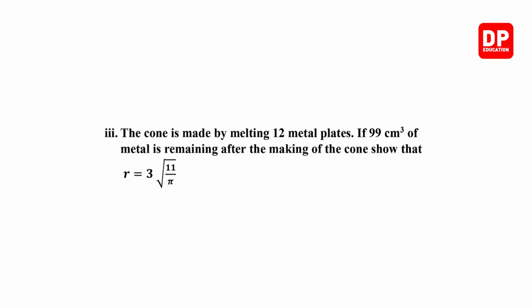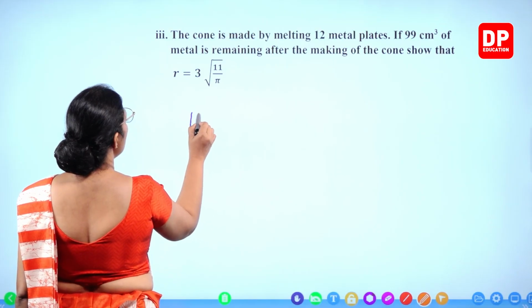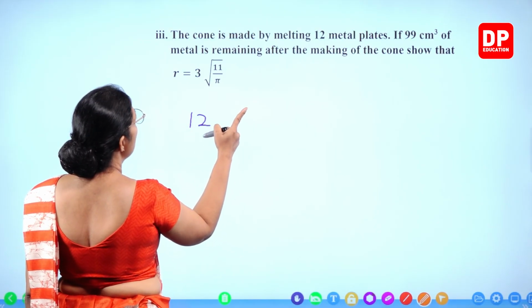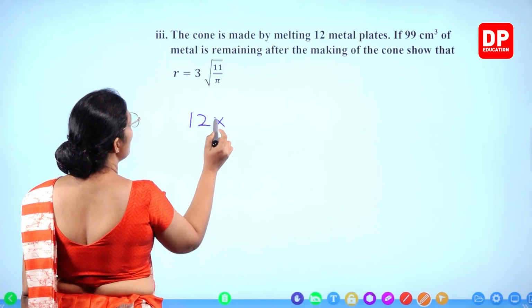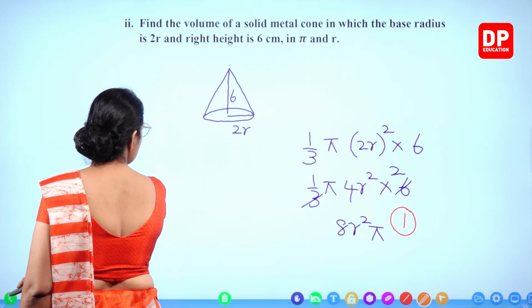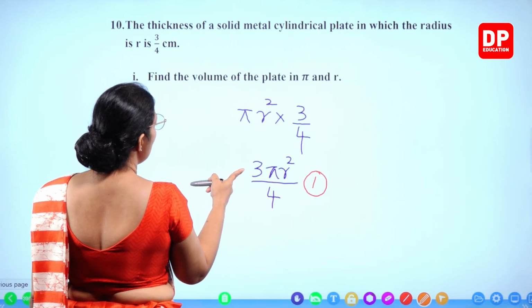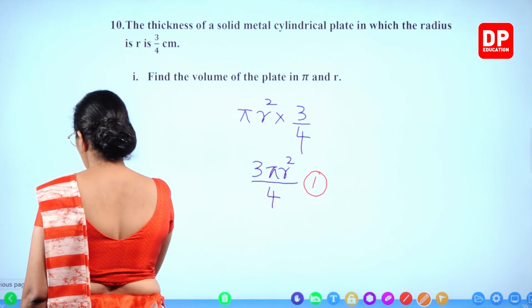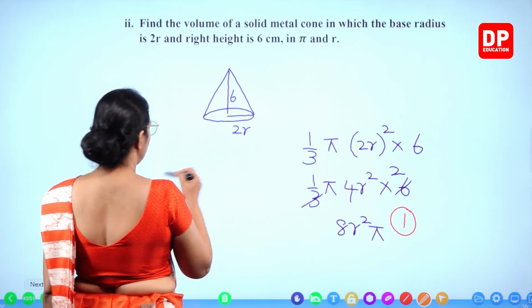Then the cone is made by melting 12 metal plates. So that means 12 of the metal plates. The volume of 1 metal plate we found is 3 pi r squared over 4.